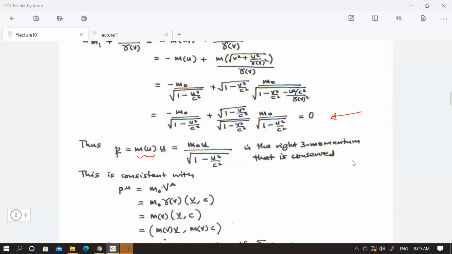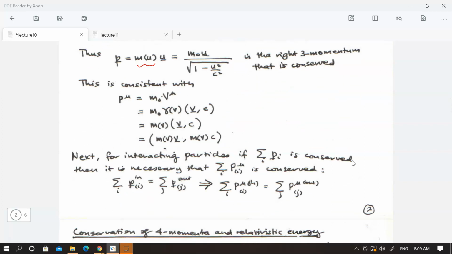Your gamma is now written out, and then this is your rest mass times the velocity of the particle. So one could also now put it into the definition of your four momenta.